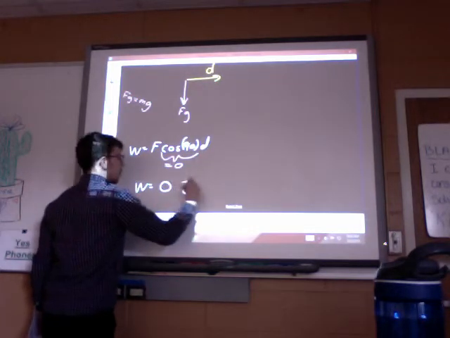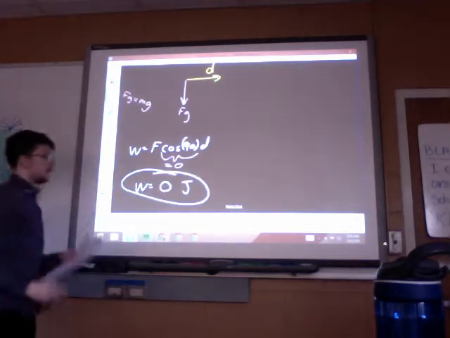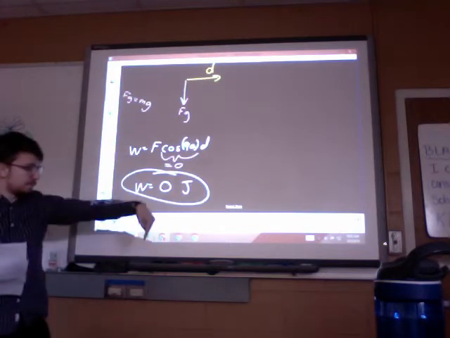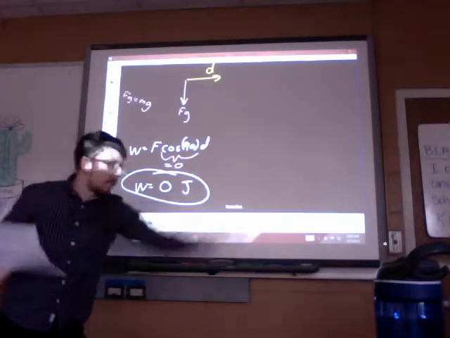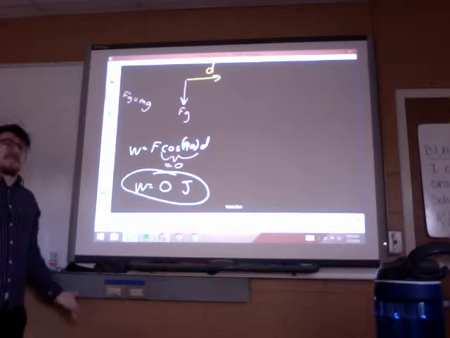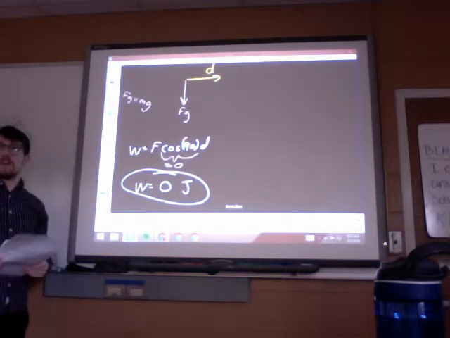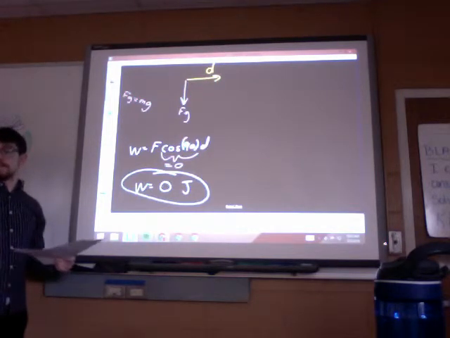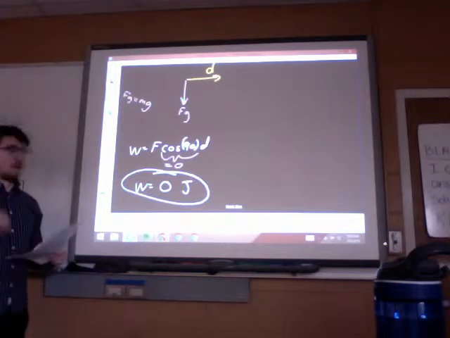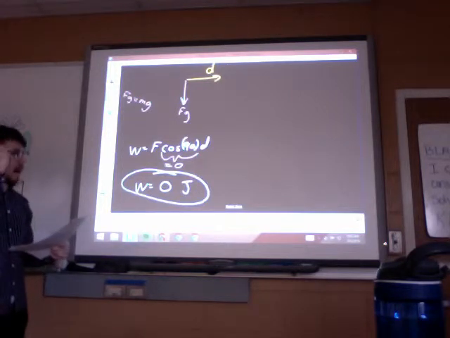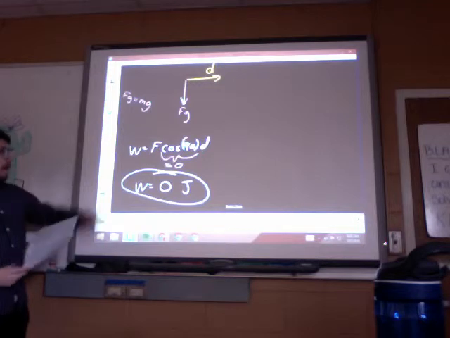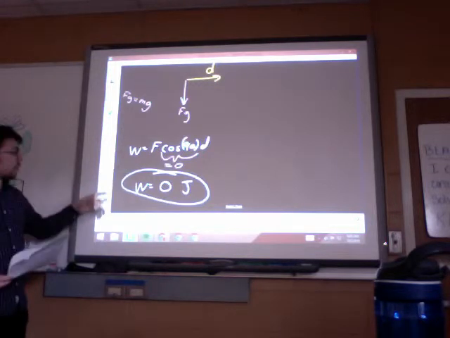And that's how you know work is 0 joules. Gravity's pulling down, the dog is moving sideways, and that means gravity's not doing anything. Gravity's not changing anything. Only when the dog rises up or down could gravity have a non-zero work.